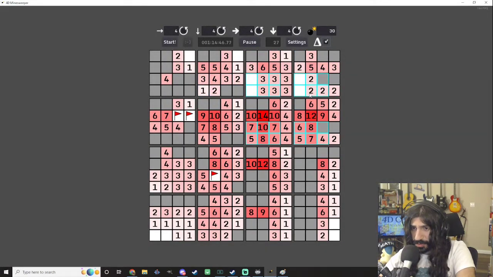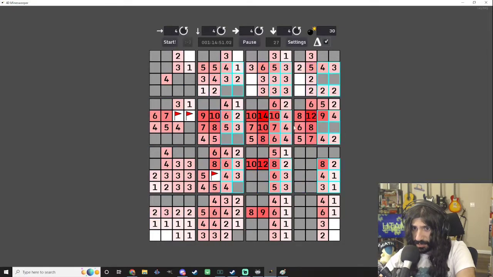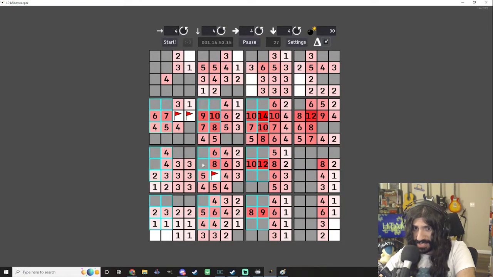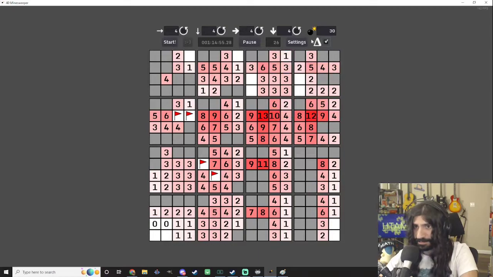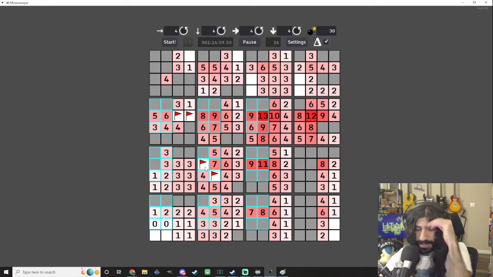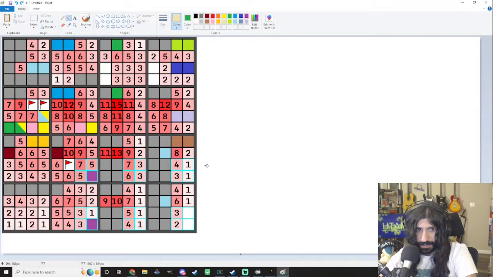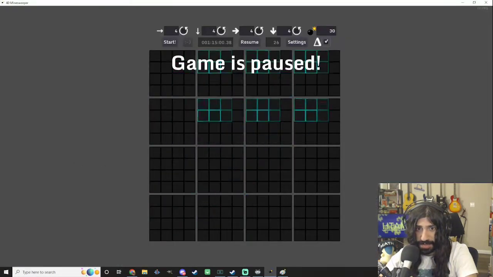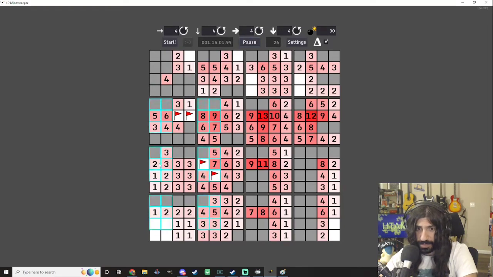Okay, this 2 and this 3 tell us that one of these is a mine, which means that when it comes to these guys, this must be a mine. Which means this must not be a mine, evidently. Okay. Made a lot of progress.